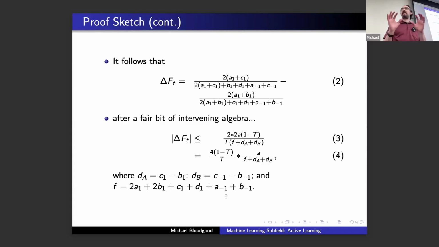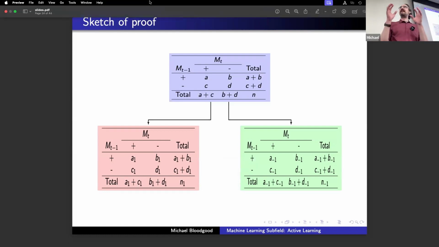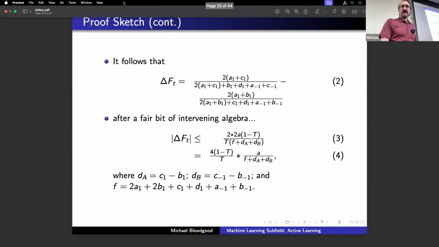So everything is in terms of these variables. So the key insight for the proof is this breakdown. Understanding that even though you don't know the values, they still exist. You can give them names, and then you can form equalities and inequalities, and then manipulate them mathematically and come to this bound.